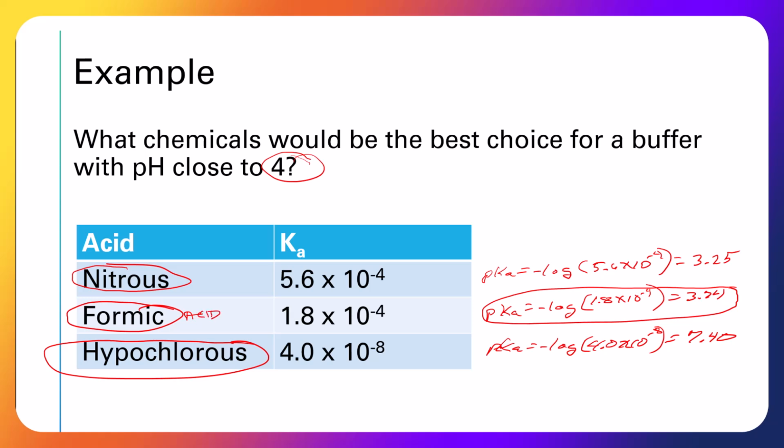I believe it's fire ants, which burns pretty good and has a little bit of an allergic reaction in your skin, raises a little white welt. But at any rate, this is how you pick your buffer. You pick the acid with a pKa closest to the pH of interest.